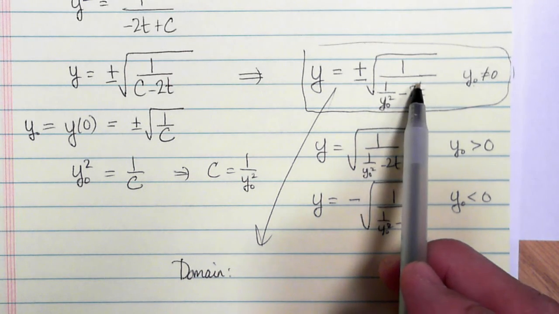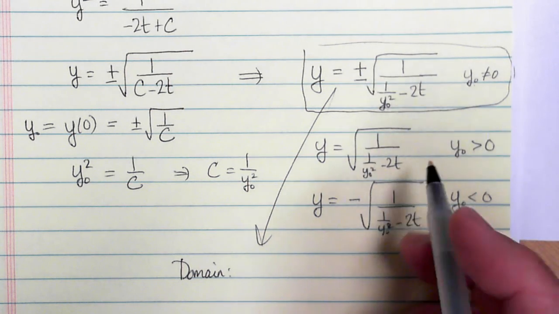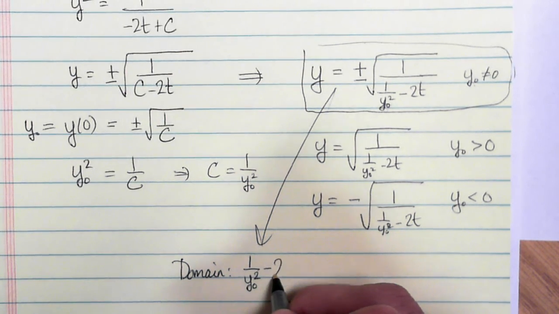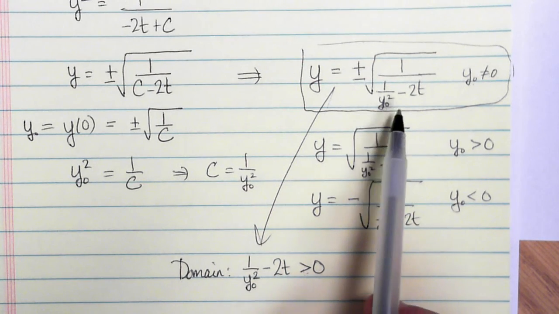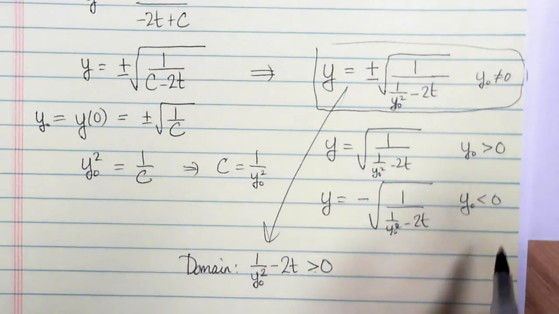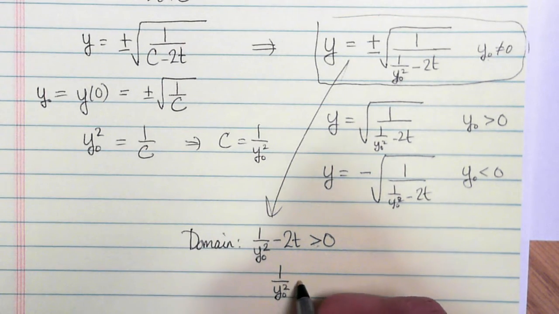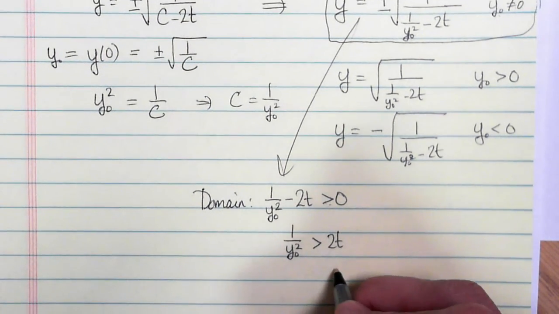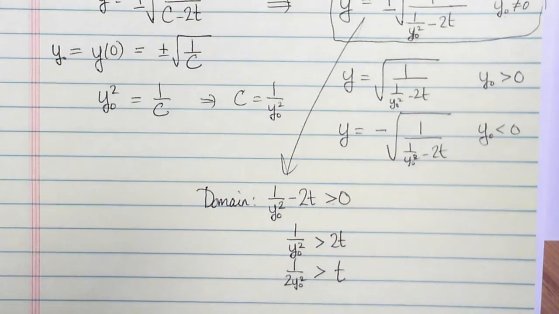So if the denominator is positive, that makes this fraction positive, which means that the square root is defined. So 1 over y naught squared minus 2t has to be greater than 0. Can't be equal. If it was equal to 0, then it'd have 1 over 0. That's not permitted. So that means that 1 over y naught squared has got to be greater than 2t, so that t has got to be less than 1 over 2y naught squared.